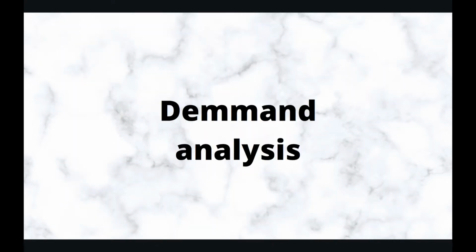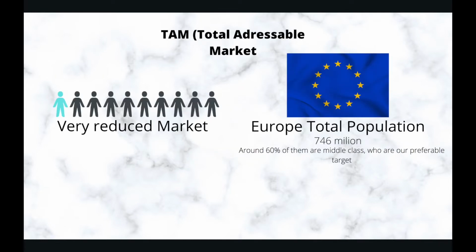Now we're going to talk about the demand analysis. We would like to focus on Europe because it's the market that we know the most. But we know that we have a very reduced market because we have a product that not everybody could want, so our target is very small.